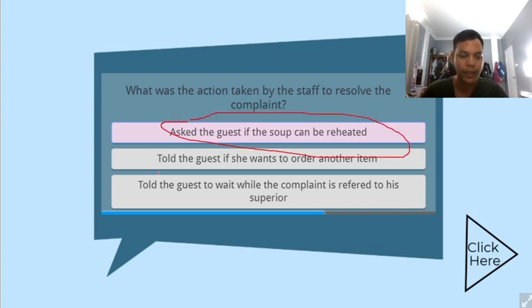You can also observe here that the food service staff did not refer the problem to the superior or supervisor, because the problem can be accomplished by the food staff. We can only refer the problem if we cannot handle it or it is beyond our duties and responsibilities.